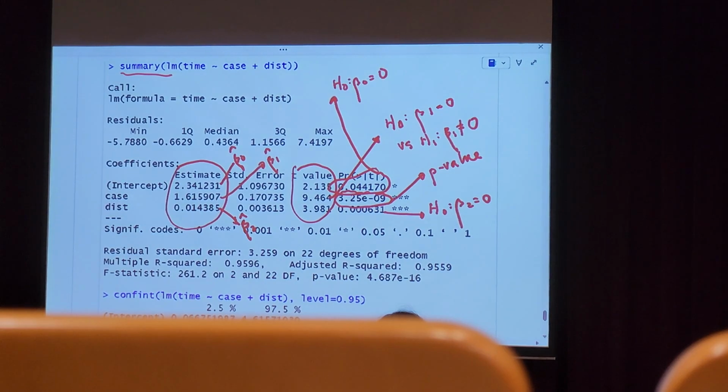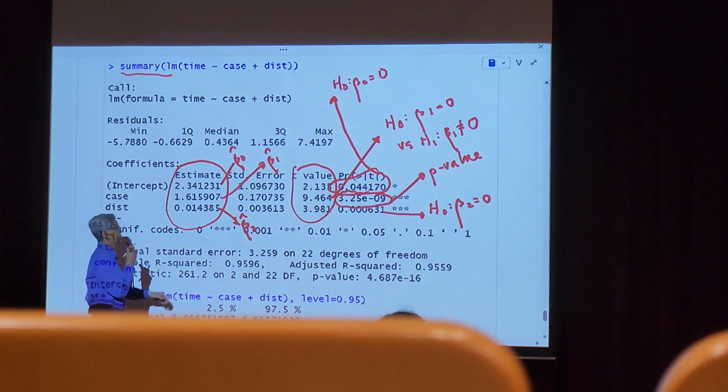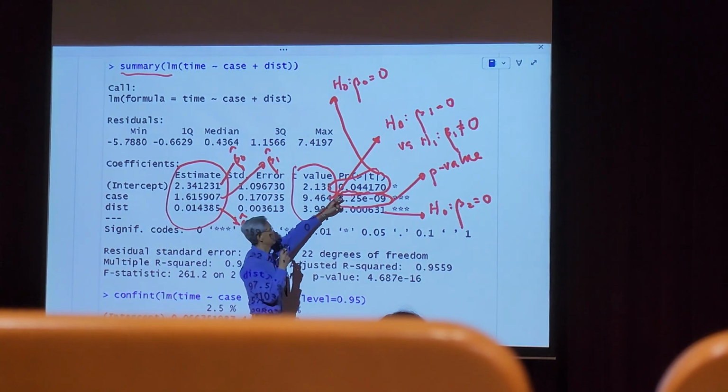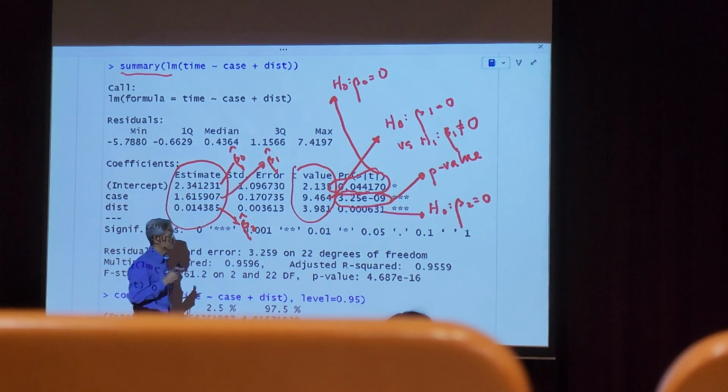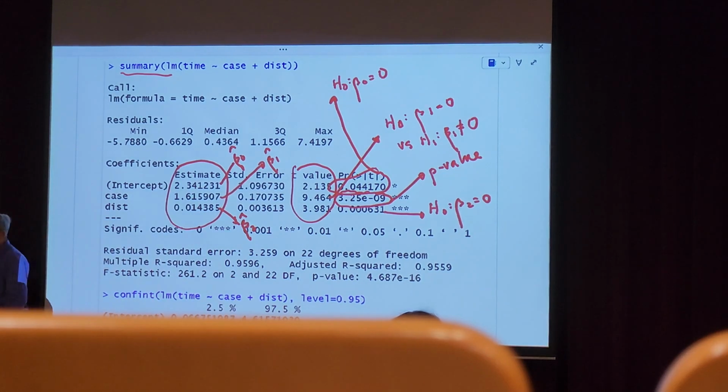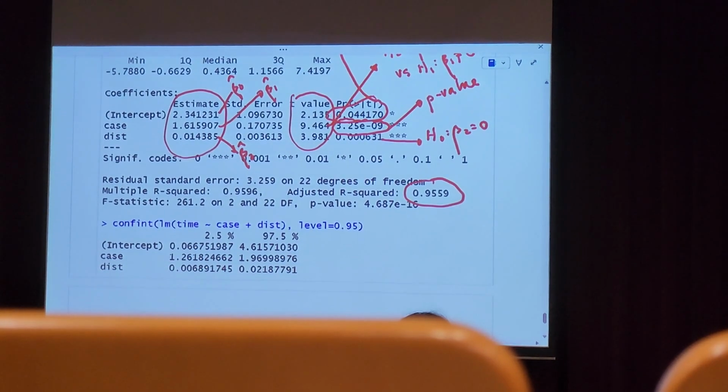As you can see, beta naught is usually not 0. Of course, in some situations, it could be close to 0. And this is the adjusted R square. Is this a good model? I think so. At least I can explain 95% of the variation in Y using this model.